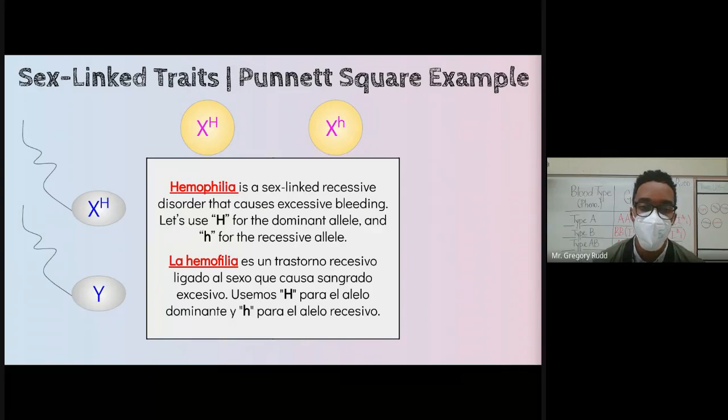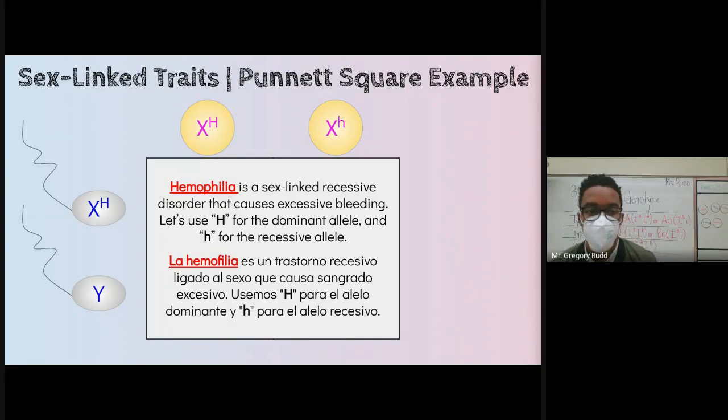We can see two eggs representing the mother, and two sperm cells representing the father on the left side of the Punnett square. So what information do we know about these parents? Can we pick out anything just by looking at their genotypes?